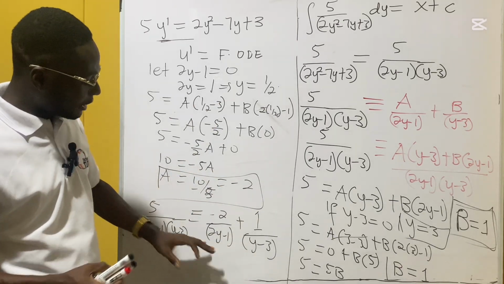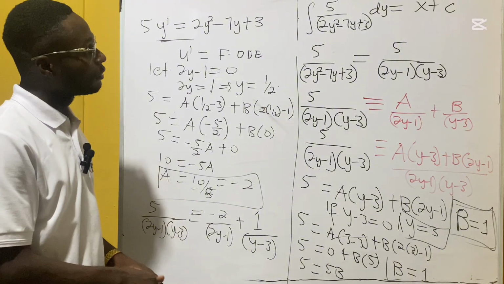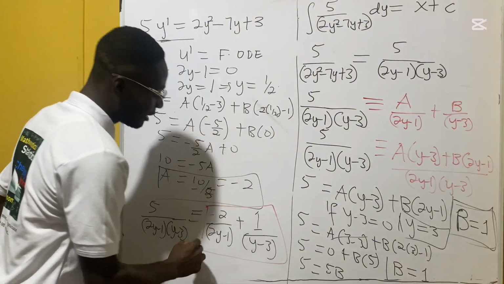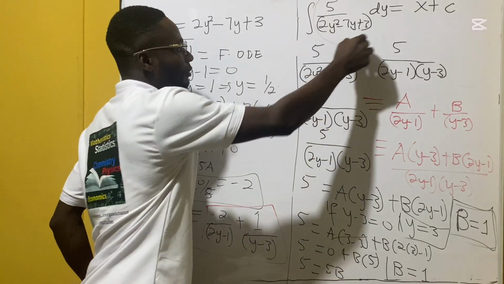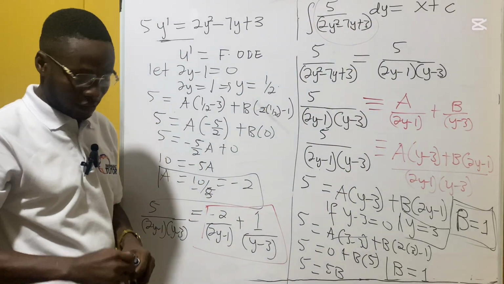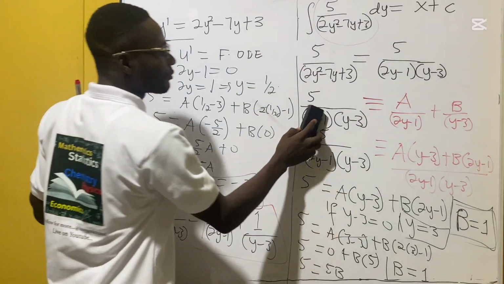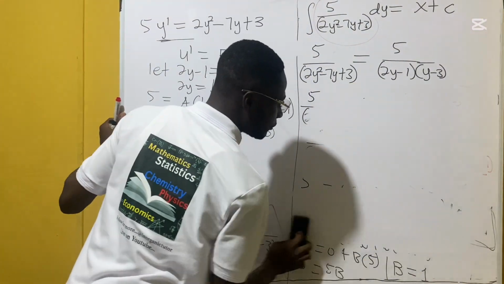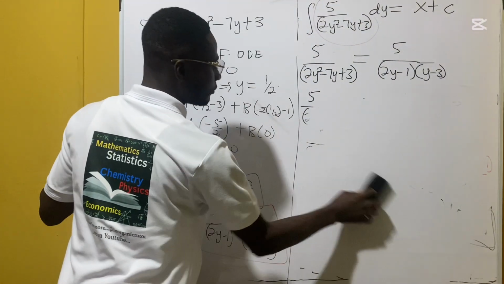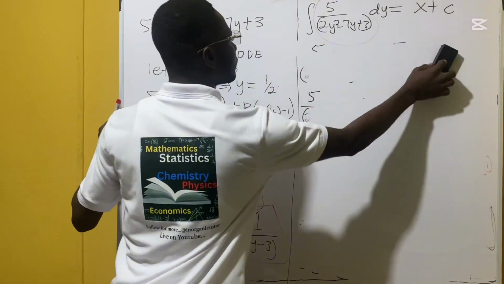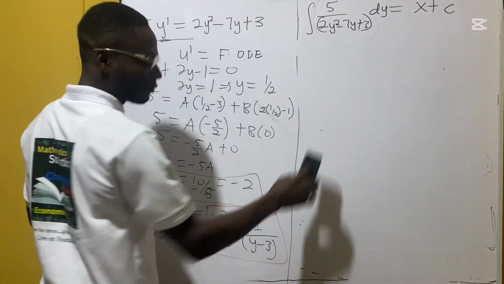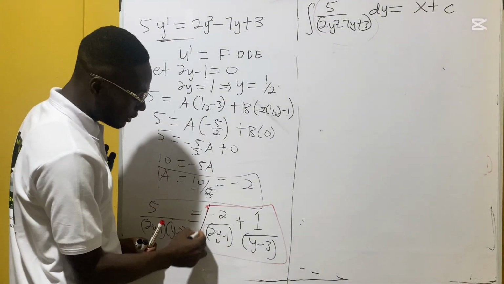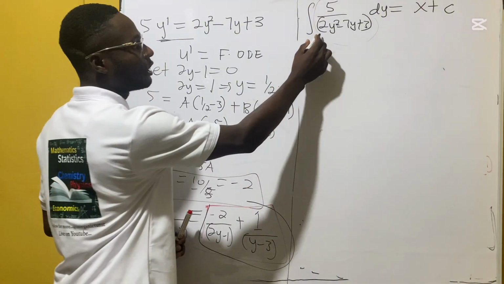So now let's go ahead and substitute this simplified result into this, right? So now we are substituting this simplified result into this.